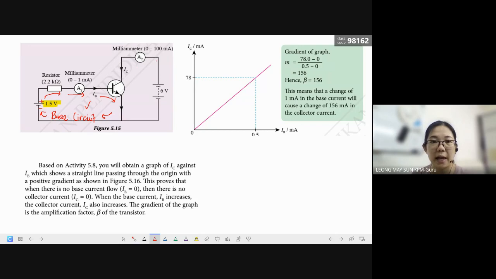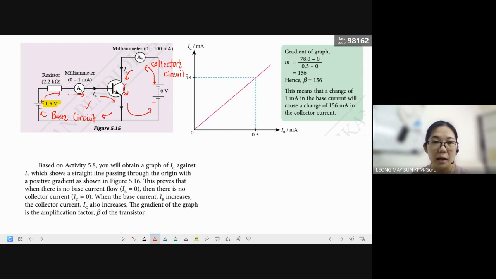Now let's look at the collector circuit. At the collector circuit, the longer line is positive, the shorter line is negative. So here, current flows from the positive, going to the collector, passing through the transistor, back to the negative terminal of the battery.